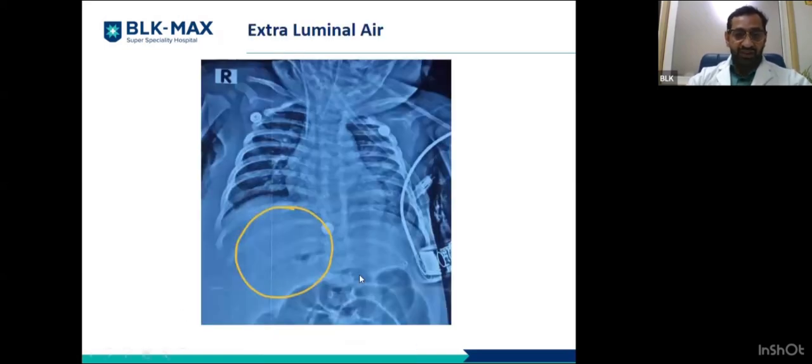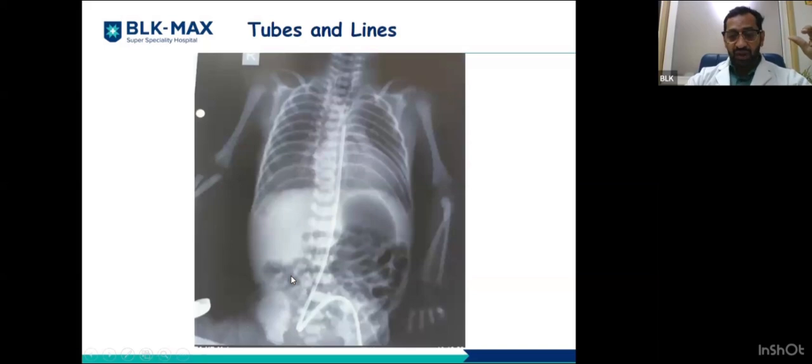Similarly, this was another infant who had similar findings. He presented with severe gastroenteritis with an X-ray abdomen showing bowel loops. But a very important finding which was missed in this X-ray was the gas seen in the liver. So this was the gas which was lying in the portal vein, and it was a result of the severe gastroenteritis, and this gas got absorbed from the intestine into the portal vein, and you can see there's a portal venous gas here.